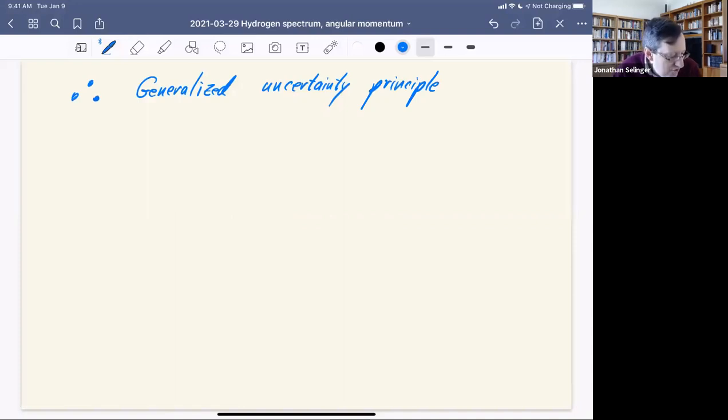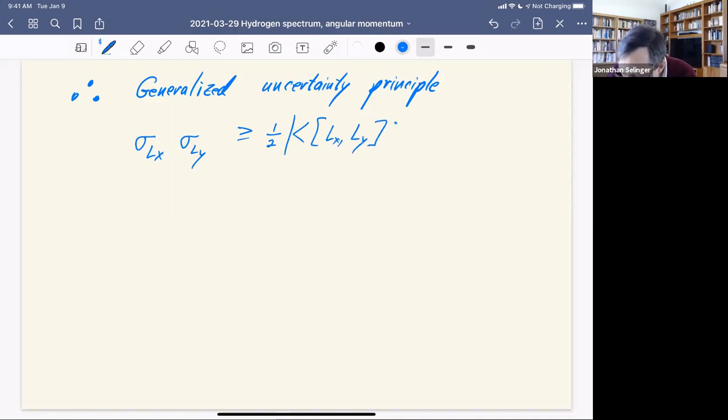So the uncertainty in Lx times the uncertainty in Ly is greater than or equal to 1/2 of the absolute value of the expectation value of the Lx Ly commutator.